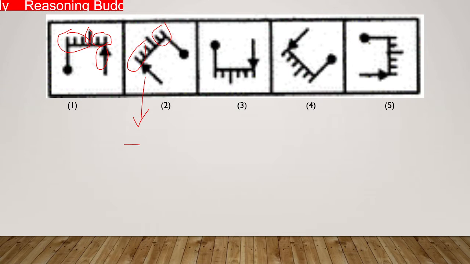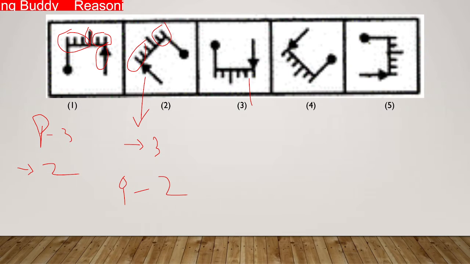So see, here the arrow has three and the lollipop has two. In figure 1, lollipop has 3, arrow has 2.